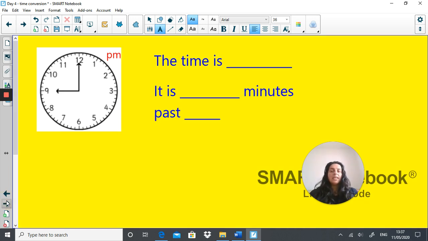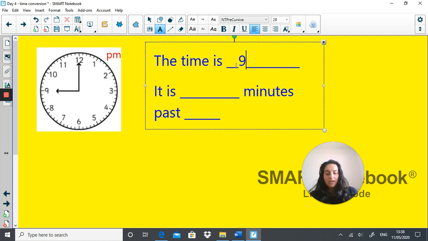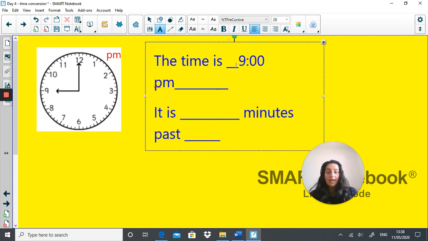So our next example is this. What is the time? You can use a 12-hour clock here. Tell me how many minutes past it is, past what, and write down the time in the 24-hour version here. Off you go. So the time here is 9 p.m. Now it says here it's something minutes past something, but actually that's a trick. There's no minutes past anything. This is 9 o'clock.